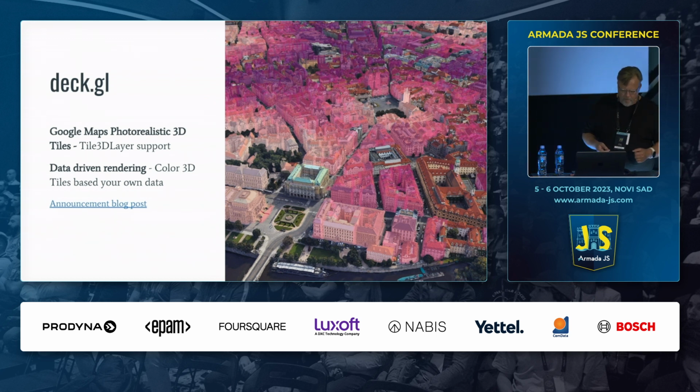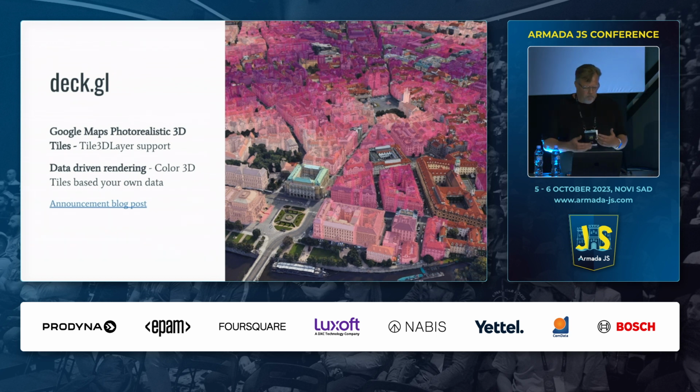As you could see, for multiple years we've been working on support for massive 3D data. We were immediately convinced about the potential of these technologies. The problem is that there hasn't really been easily accessible data, and so what happened fairly recently is that Google launched their photorealistic 3D tiles.